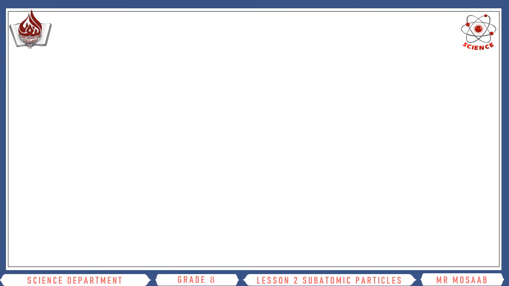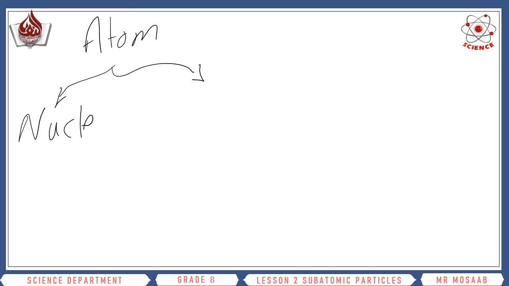So now, dear students, we can summarize all what we have learned today. We can say that any atom has two parts. The first one is called the nucleus, and the second is called electrons.